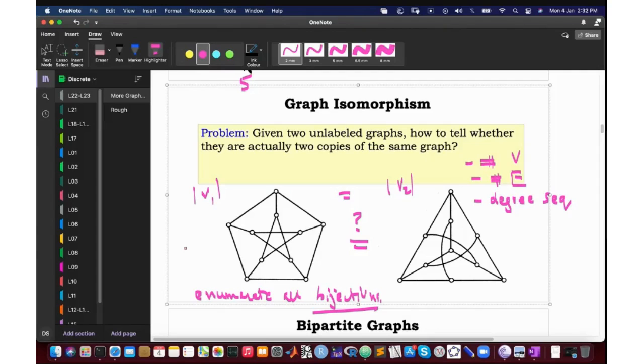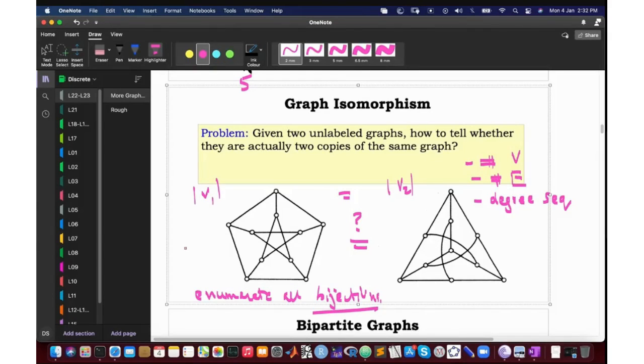All right. So how about these examples? Are they the same graph or not? They are, because every vertex has degree 3. That's not enough.